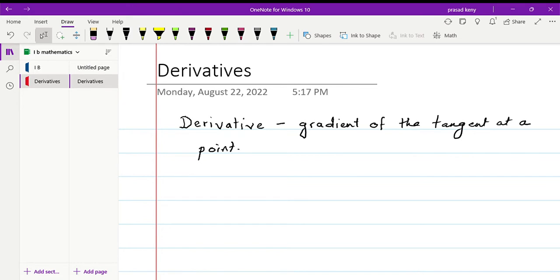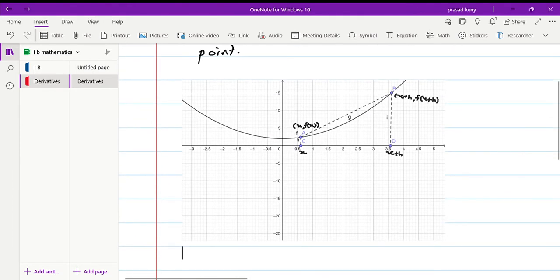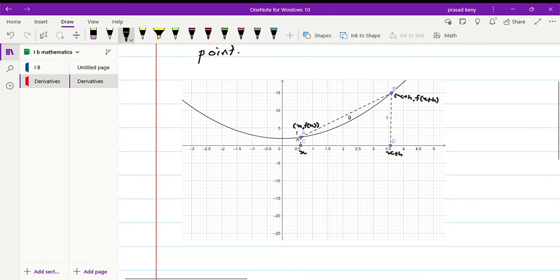So to understand the concept of the derivative, I will put a graph here. Here you can see there is a curve y is equal to f(x). So the equation of the curve is y is equal to f(x).